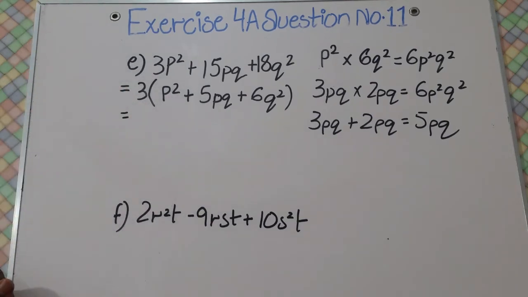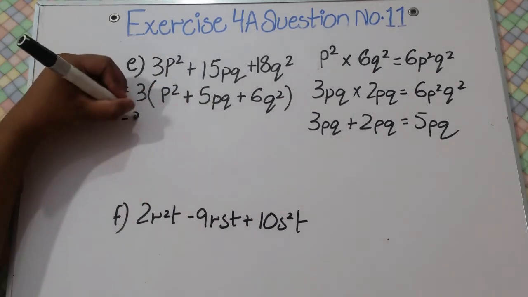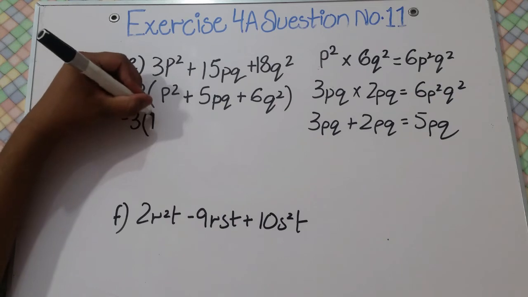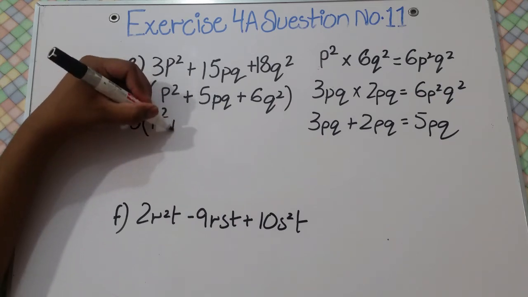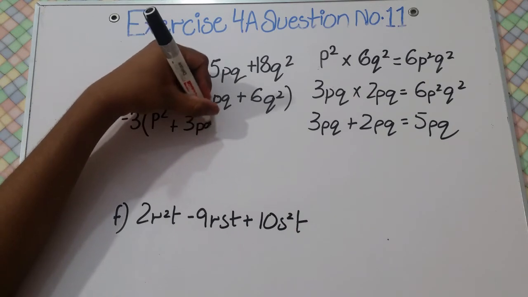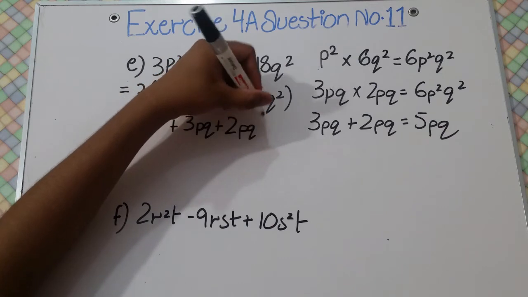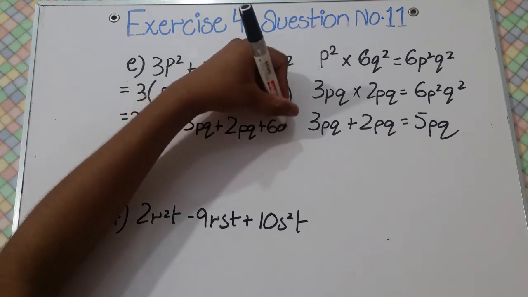Now simply we are going to follow the idea of the middle term. So we are going to write the middle term: 3p square plus 3pq plus 2pq and plus 6q square.